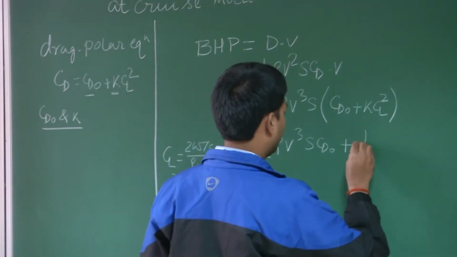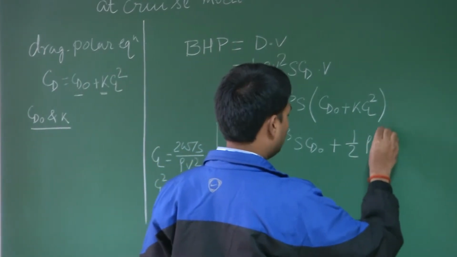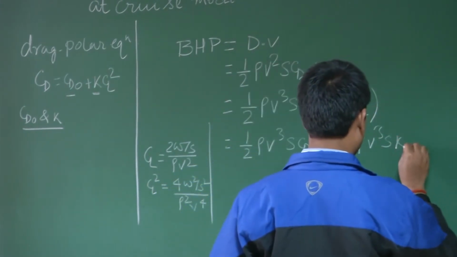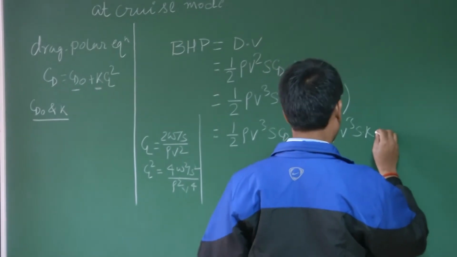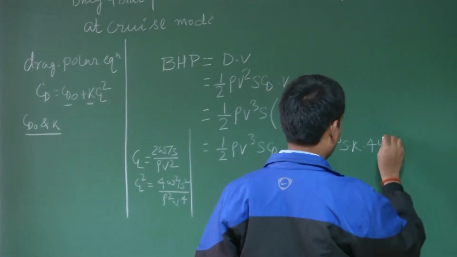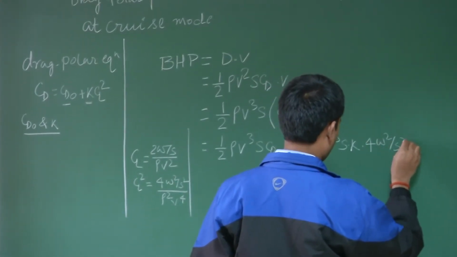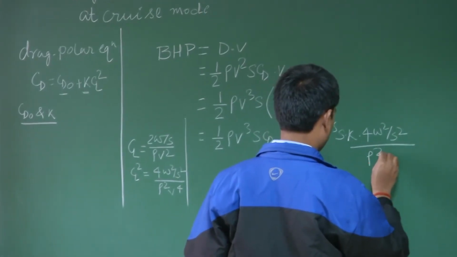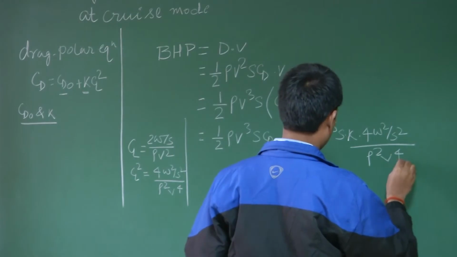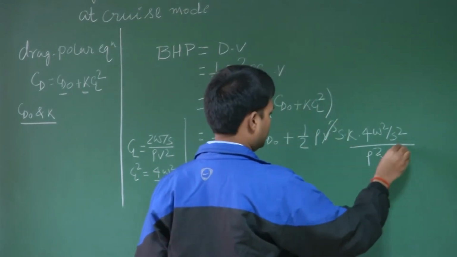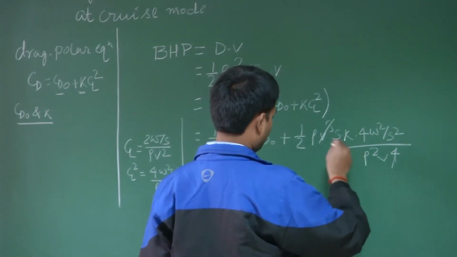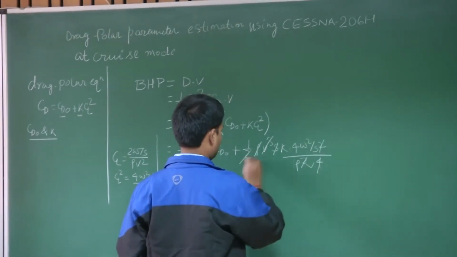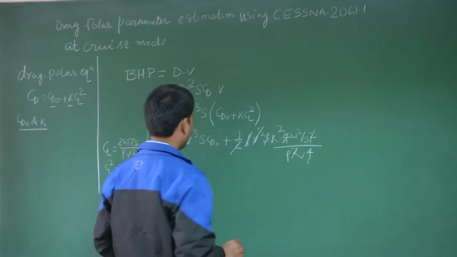So I'll write half rho V cube S times K, into 4 W square by S square rho square V to the power 4. So now you see this will get cancelled here, here, here, and here.